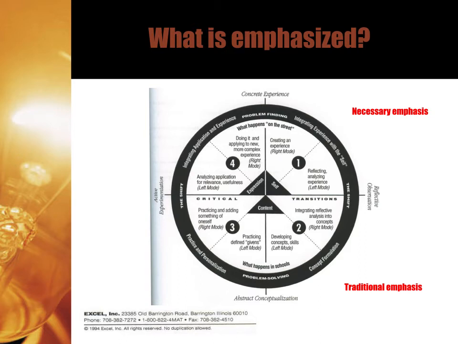Oftentimes, that would be, as sometimes we call it playing the game, trying to figure out how to make an A in a class based on how a professor does stuff. And you can say, well, that's not necessarily my learning style. We never get to engage in self-experiences. We never really get to experiment with anything, and we certainly don't get to create with anything.